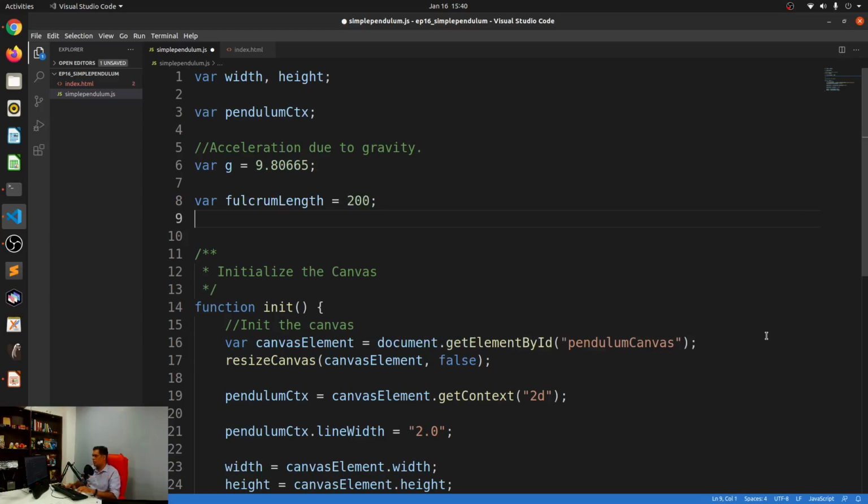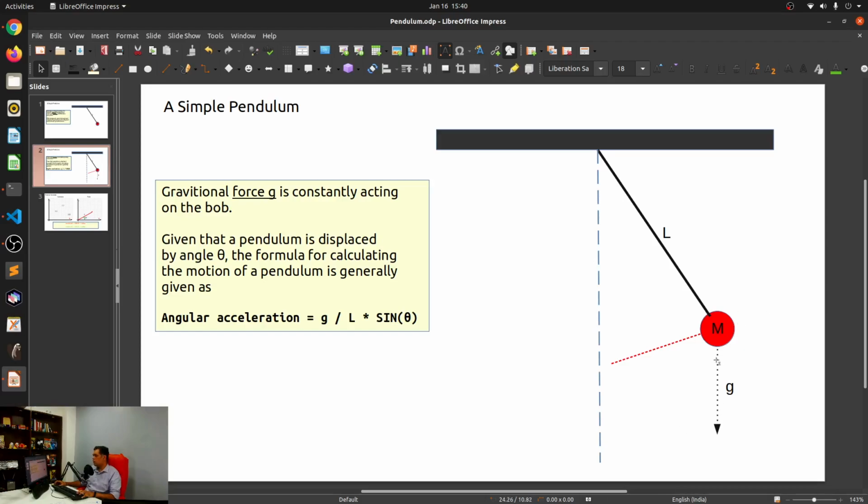So let's say the fulcrum length is 200. I already have G. What should be these? Okay. So I also need, oh yes, one more very important thing that we need to remember is that when you start oscillating a pendulum, the period of its oscillation is actually not dependent on its mass.